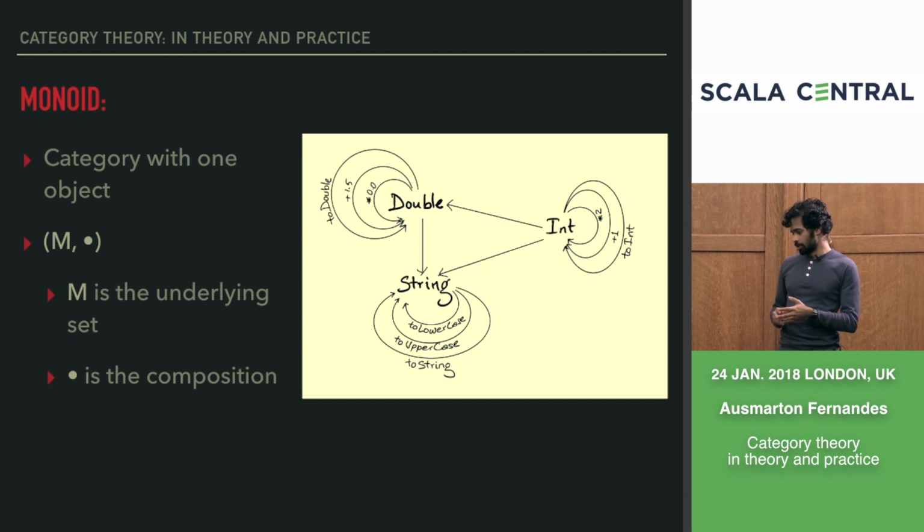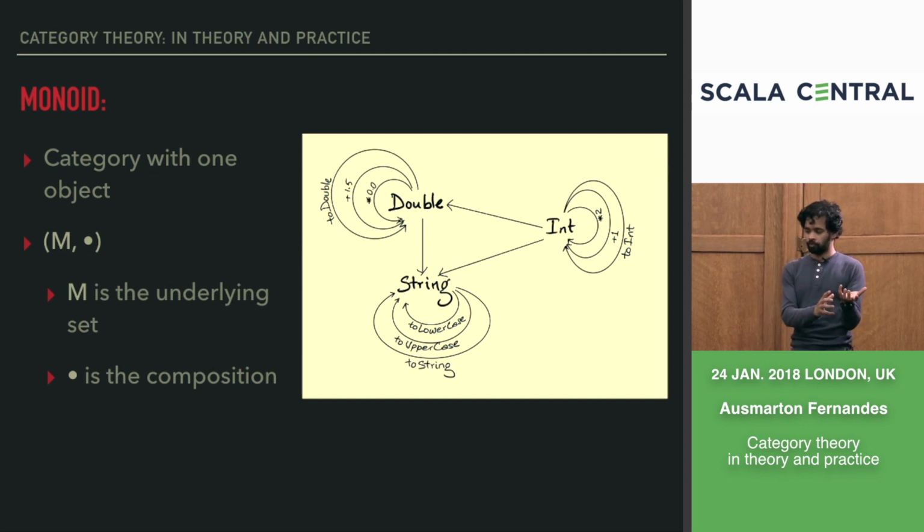So this is where we come to the first mathematical structure from category theory. It's a very simple structure. It's a category with just one object in there, and it has a composition operation which is defined. So it's not just the collection of objects.